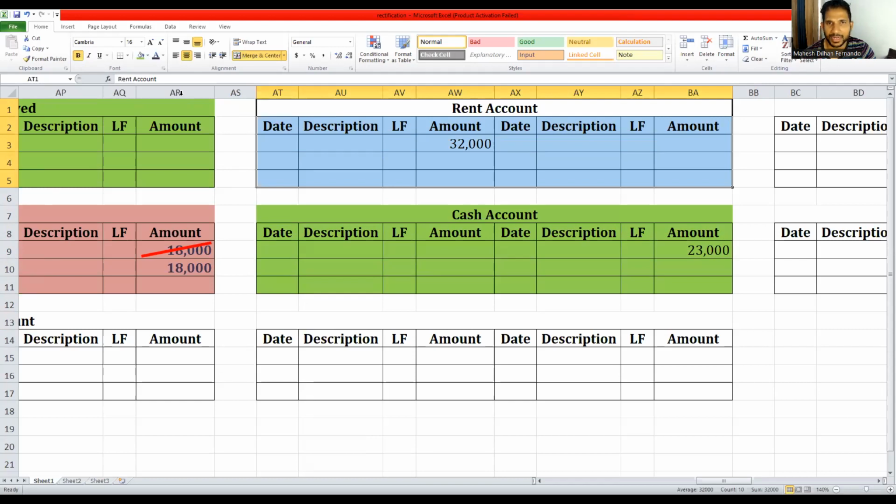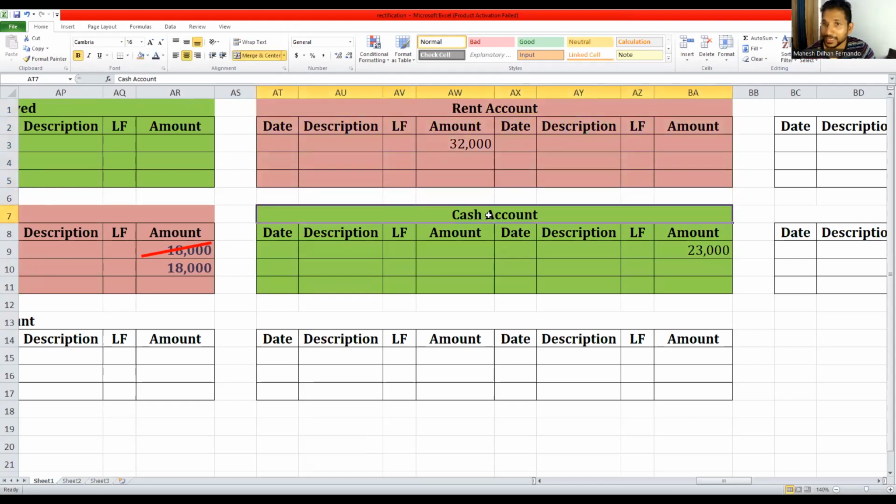In this kind of error, one account is correct and the other is wrong. Now tell me, what do you suggest to rectify the rent account? You have to leave 23,000 here. Then definitely the rent account should be credited. How much do we have to credit?